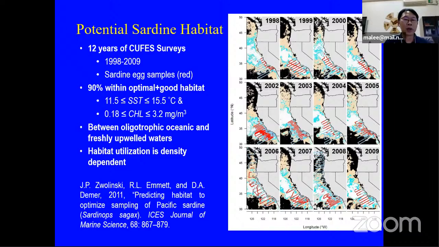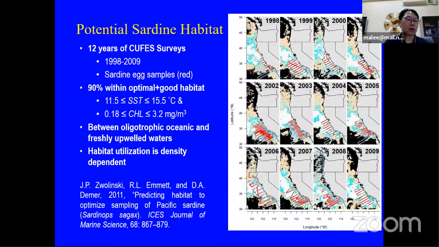For example, they suggest almost 90% of sardine larvae like to stay in sea temperatures between 11.5 and 15.5 degrees Celsius, and chlorophyll between 0.18 and 3.2 milligrams per cubic meter. So maybe we can easily find this habitat and do fisheries management.